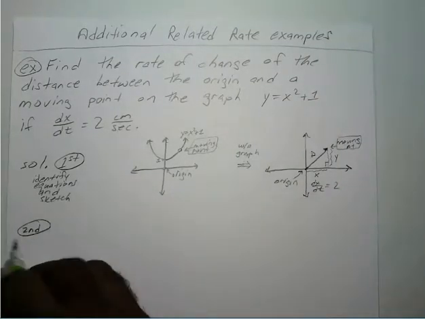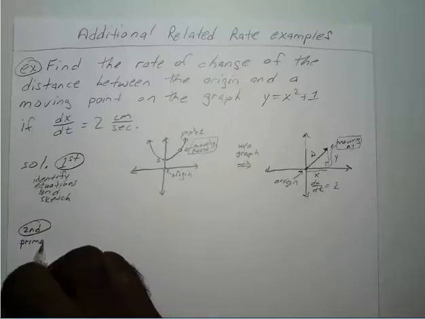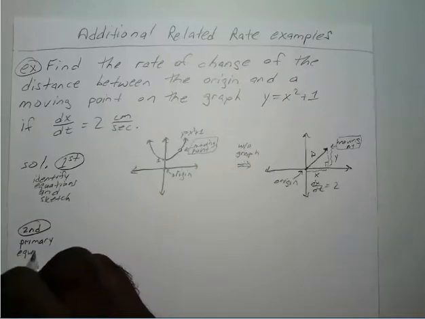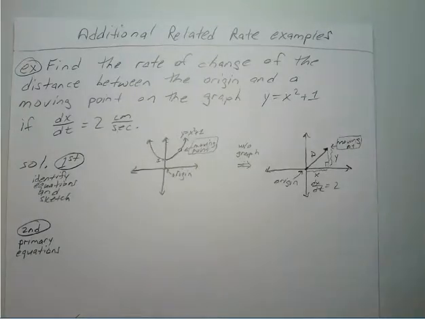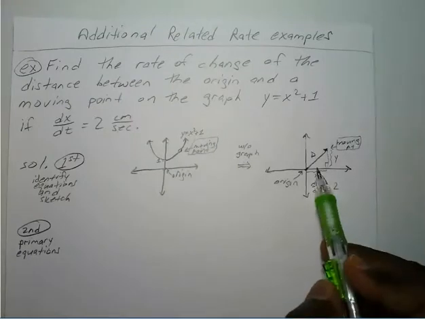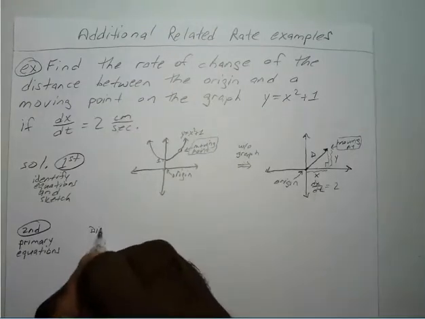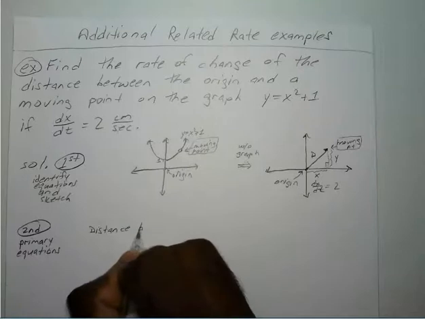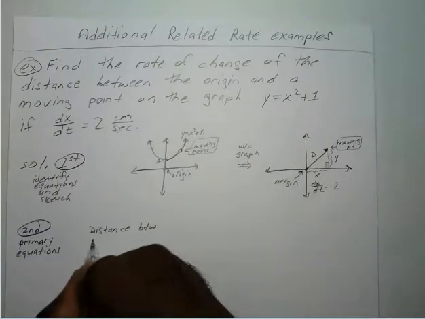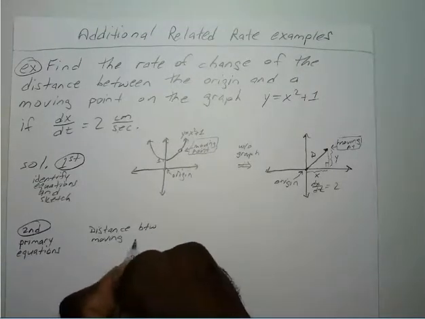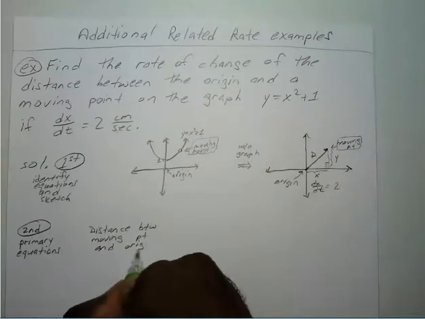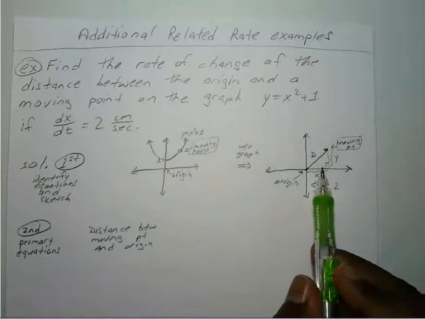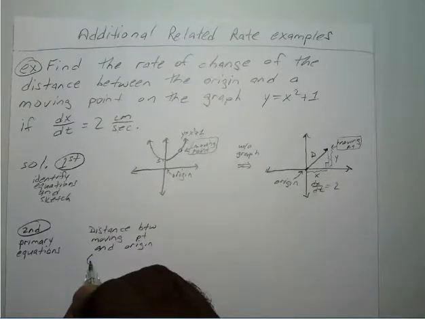In our second step, our primary equations. For the distance between the moving point and the origin, once we created that right triangle, we're going to use the Pythagorean theorem.